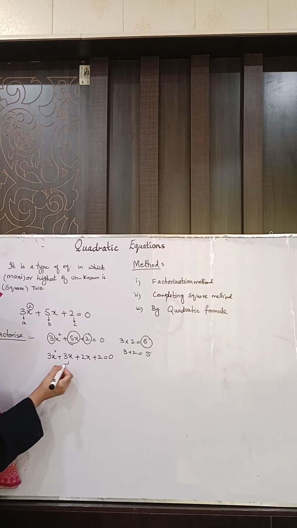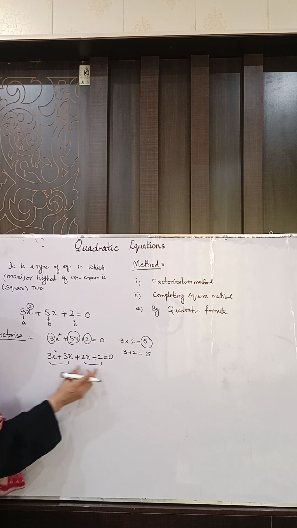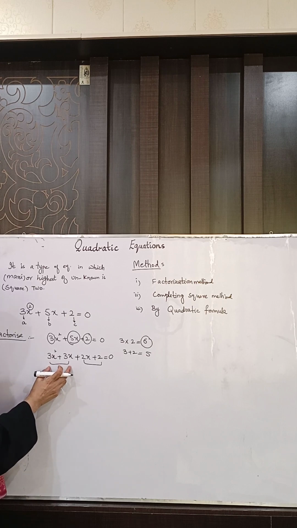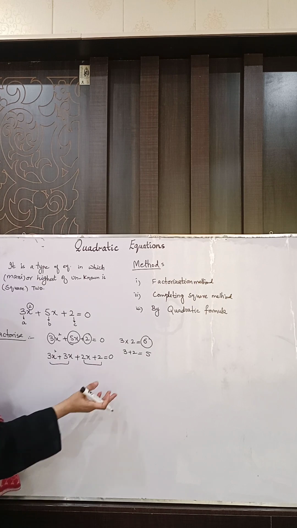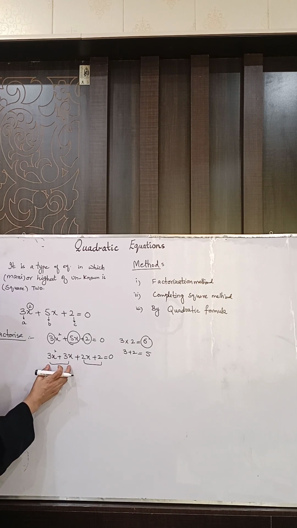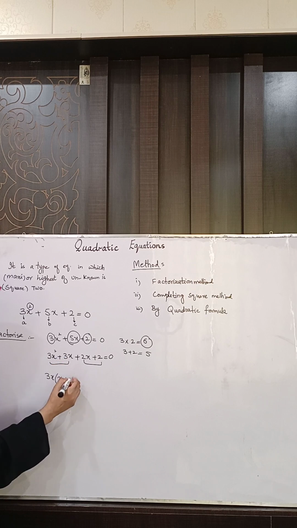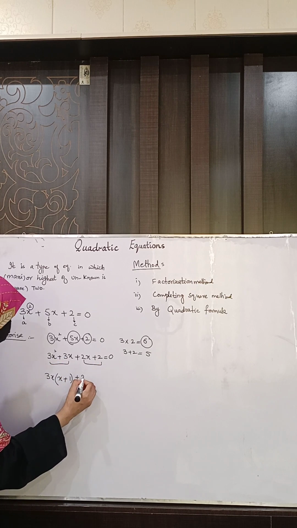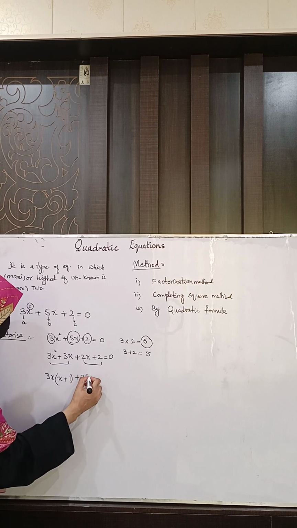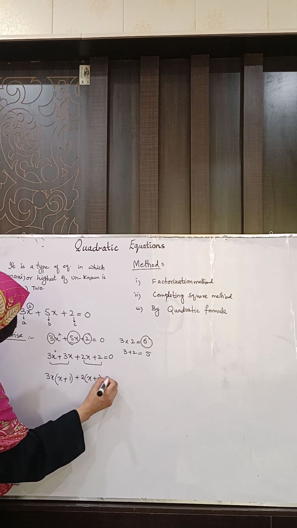Now we have 4 terms. We can make pairs. From the first two we can take something common, and from the last two we can take something else common. If you look at this, we can take 3x as common, and we are left with x plus 1. Now in the last two we can take 2 as common, so we are left with x plus 1 is equal to 0.